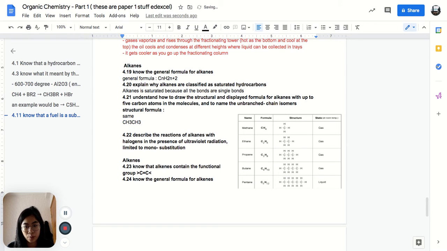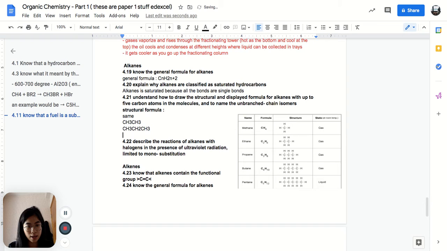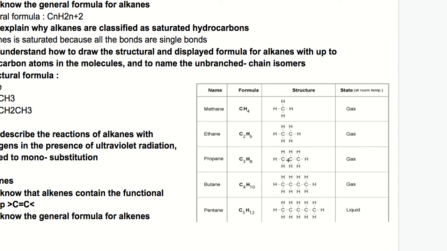So for propane, it will be CH3, CH2, CH3. Does it make sense, guys? Because you separate it into different groups, you just draw a line here and then draw a line there.